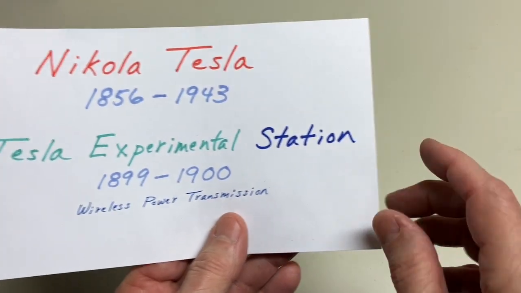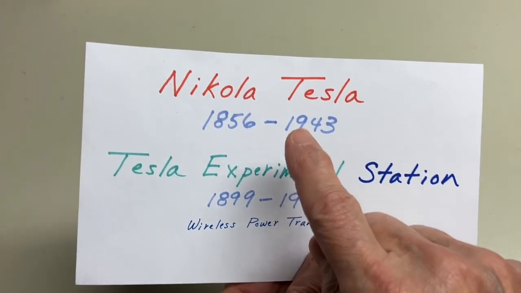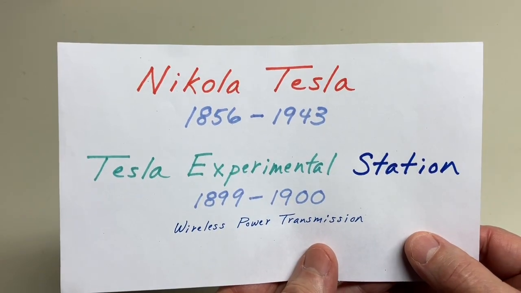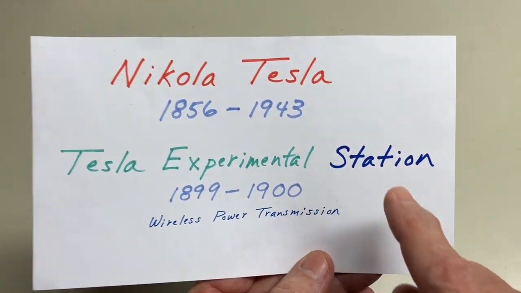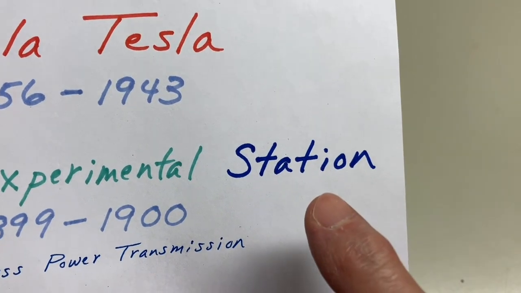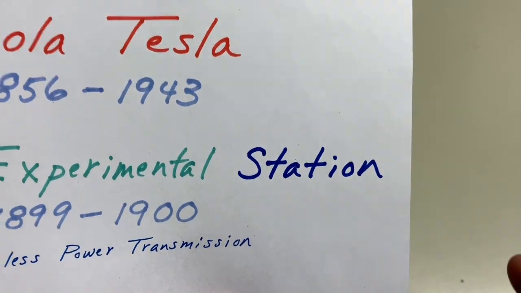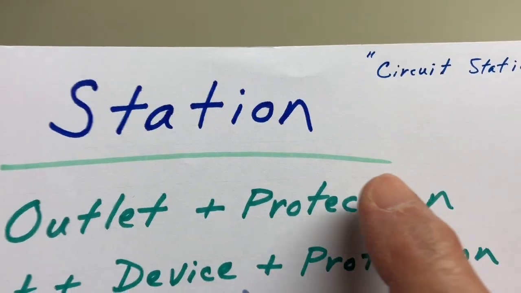As I was saying, if the word station is good enough for Nikola Tesla, then it's good enough for me. I read several articles and watched many videos on Nikola Tesla, and I have chosen this word for my system perspective, and I'm happy with it. So I have what I call a station.